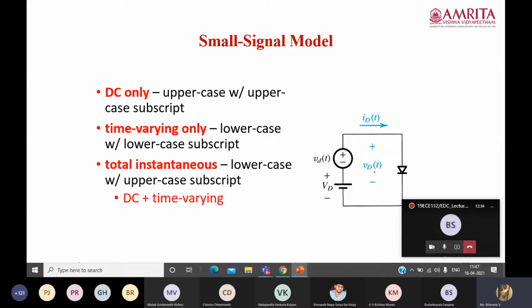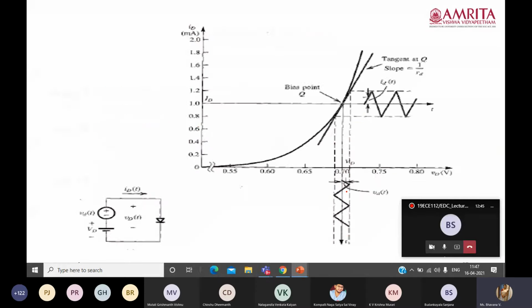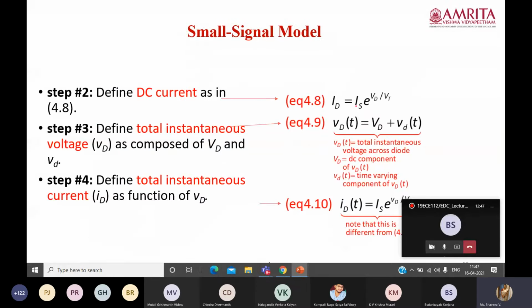So small v suffix capital D of t, and the corresponding current is the instantaneous diode current iD of t. In the absence of AC signal, what will be ID? ID is equal to IS e power VD by VT.